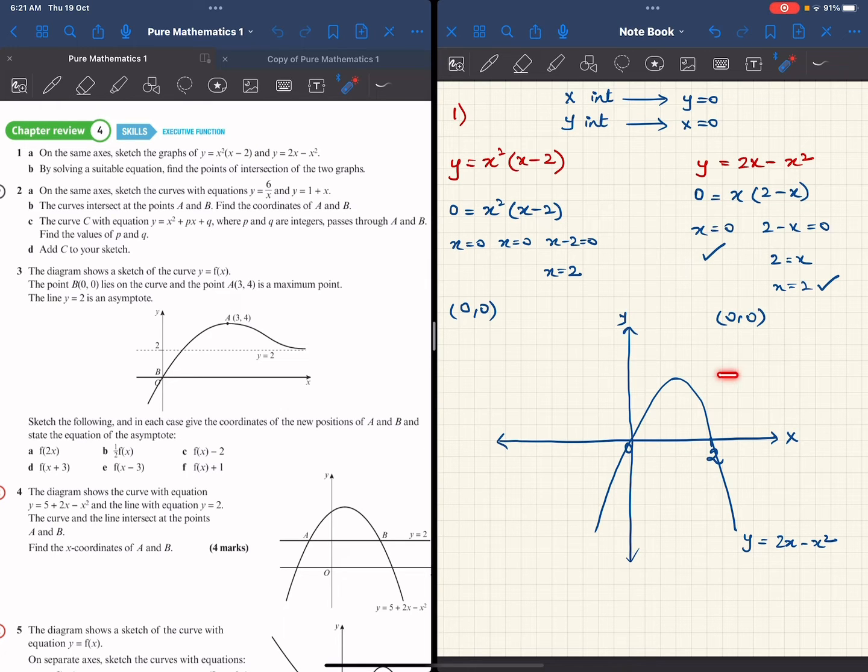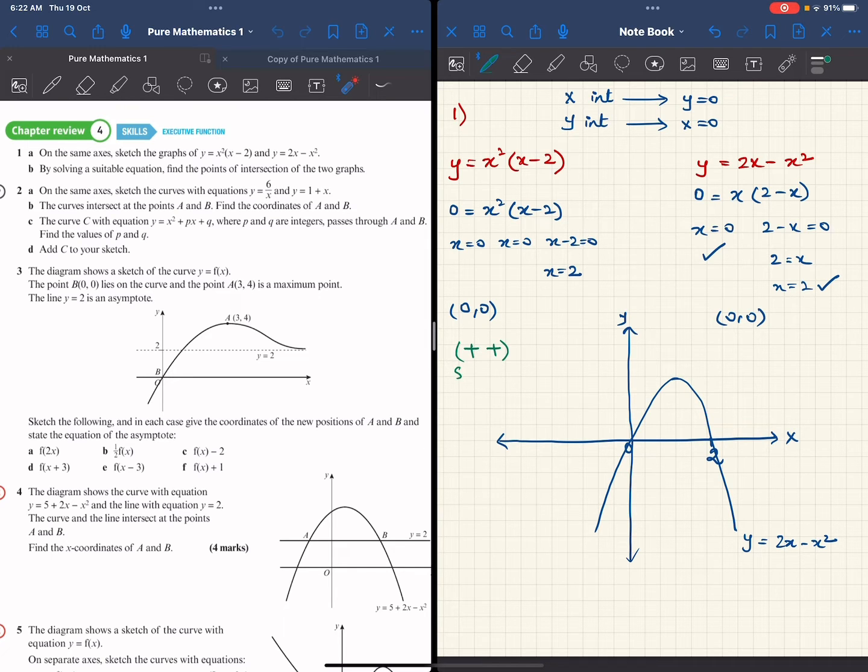We need to find when x is positive, whether y is positive or negative, so we know where the curve starts. If x is 10, this is 10 squared into 10 minus 2, that is 100 into 8, which is a positive y value. So for the cubic curve, when x is positive, y is also positive.